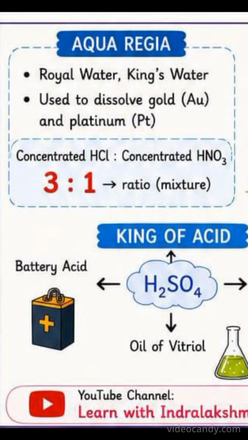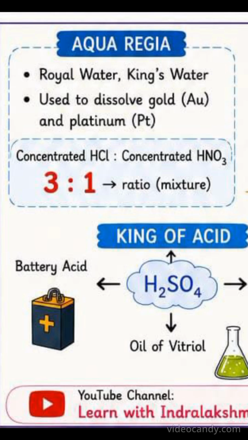The next topic we are going to discuss is Aqua Regia. Aqua Regia is also known as royal water or king's water. It is used to dissolve gold and platinum. Aqua Regia is a liquid which is a mixture of concentrated hydrochloric acid and concentrated nitric acid in the ratio of 3:1.